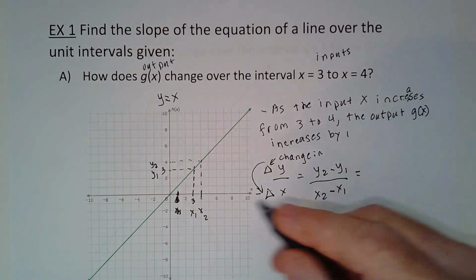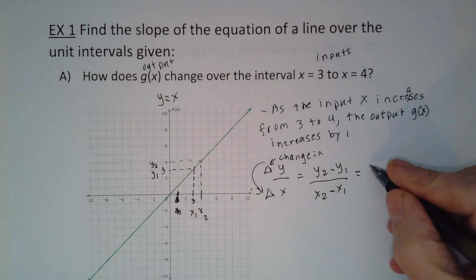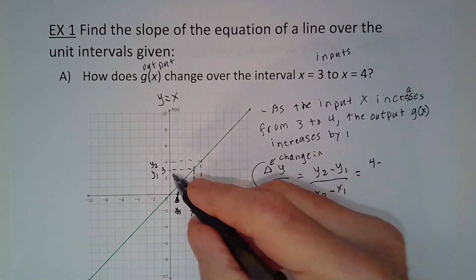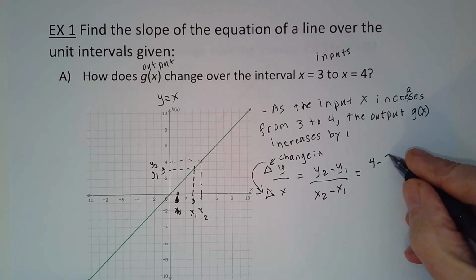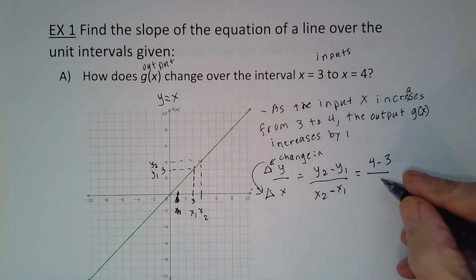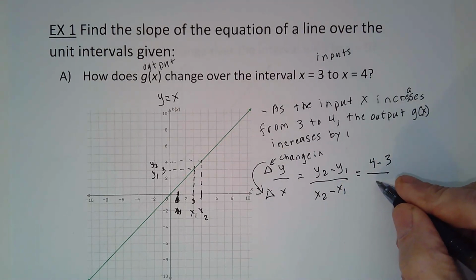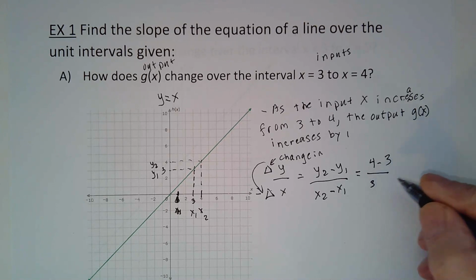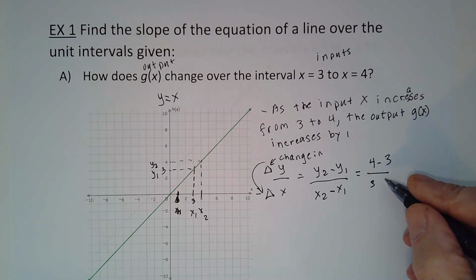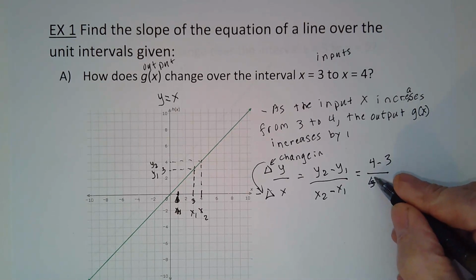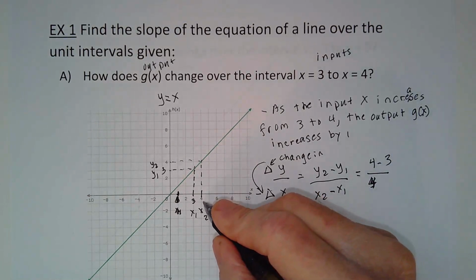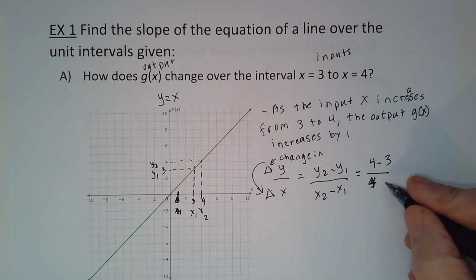No surprises here. This is the slope formula. So your y2 we said was 4, minus your y1, which we said was 3, over your x2, which is, again, I'm sorry, 4, because this is 4 here, minus the x1, which is 3.